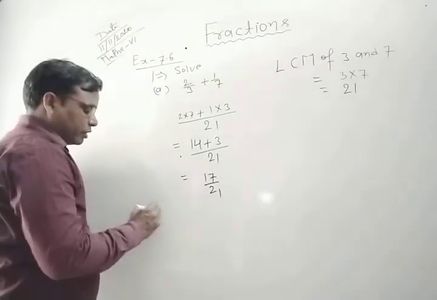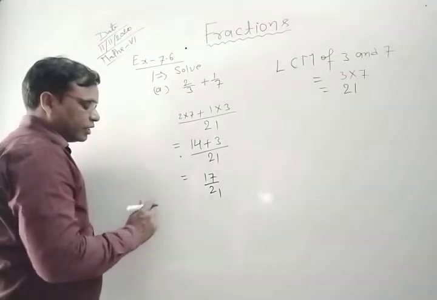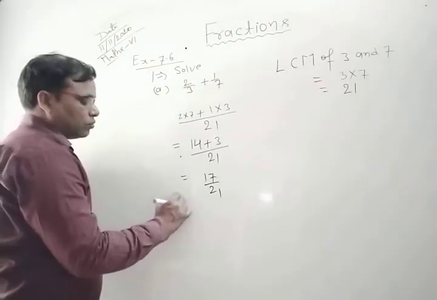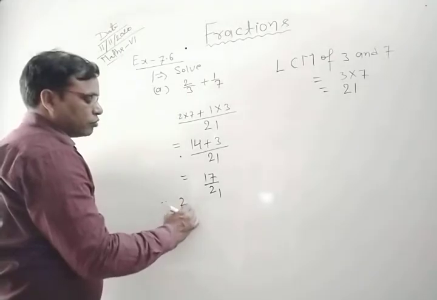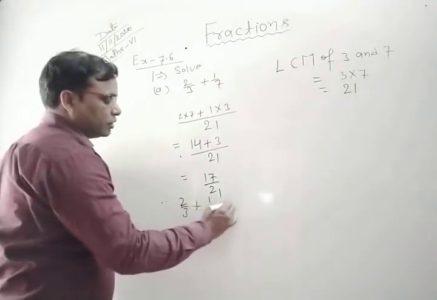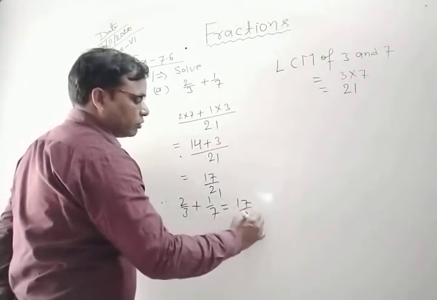So in this way, 2 by 3 plus 1 by 7 is equal to 17 by 21.